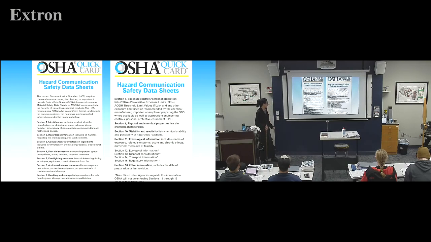Section 5, also important, firefighting measures and chemical hazards. Section 6, accidental release measures. So if you have a spill, how do you contain and clean it up? Section 7, handling and storage. What kind of container should it be in? Section 8, exposure controls, personal protection. This is really nice.